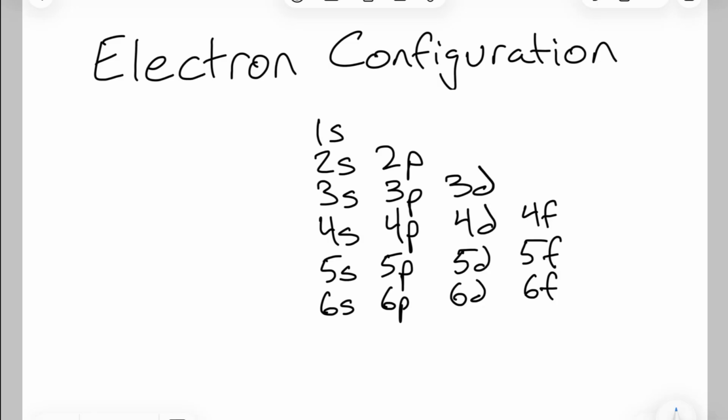So to determine in which order we fill these orbitals with electrons, you're actually going to draw a diagonal line through these like this. So first we're going to fill the 1s orbital with electrons, and then beyond that, we're going to fill 2s, and you're going to draw this diagonal line in between the 1s and 2p like this, going through 2s. So that tells you that 2s is the next energy level that you're going to be filling.